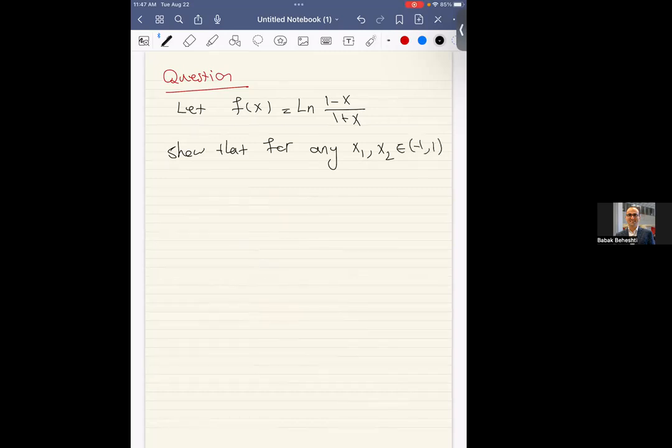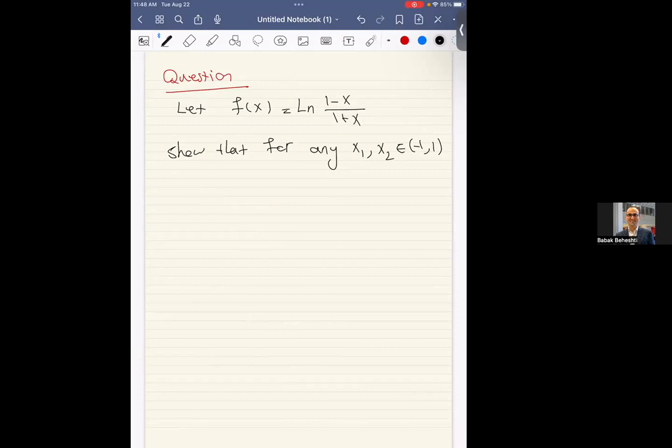And here, when I say between minus 1 and 1, this interval is just the domain of this function. You see the ln of 1 minus x over 1 plus x, its domain is the numbers between minus 1 to 1. So that's just to mention that is the domain.